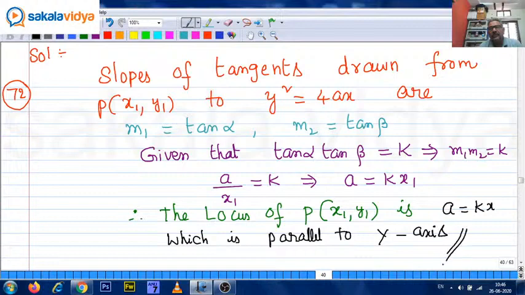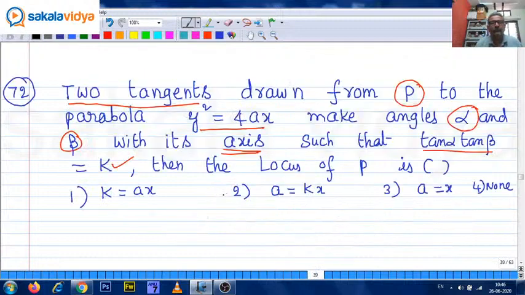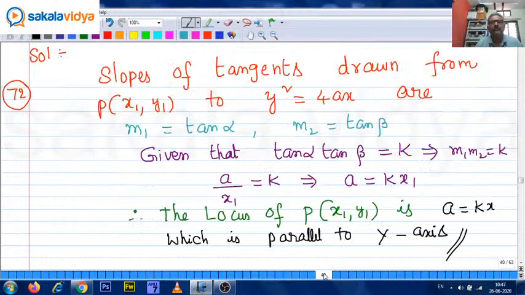This is also a new concept, we will get it. Second option, you can check it now. Already discussed before: two tangents are drawn from P(x1, y1) to the parabola y square is equal to 4ax. We have these conditions: m1 plus m2 is equal to y1 upon x1, m1 m2 is equal to a upon x1.